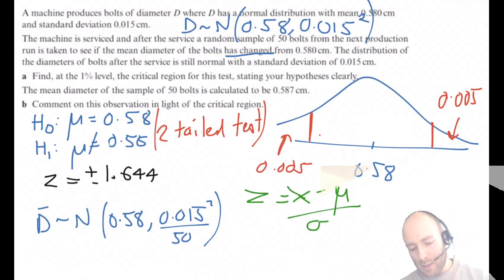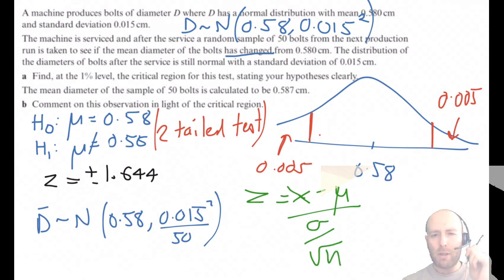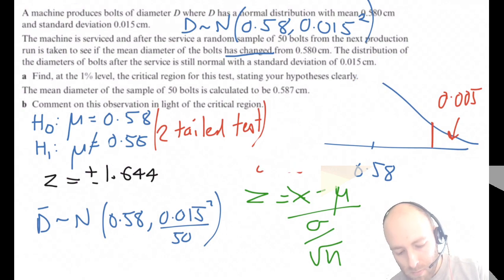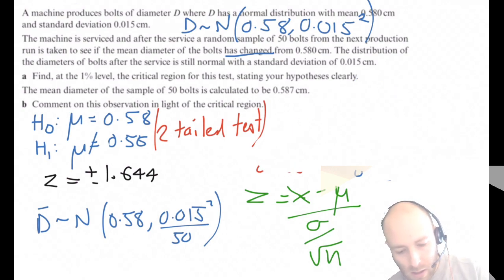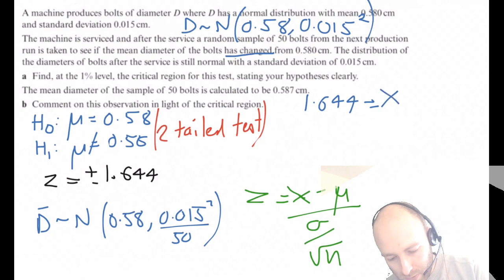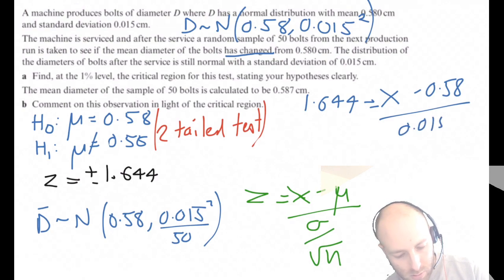Sigma is going to be sigma over root n because we've got to bring that 50 in. So if we try and solve that, let's make some more space up here. We can do 1.644 equals x minus 0.58 over 0.015 over root 50.